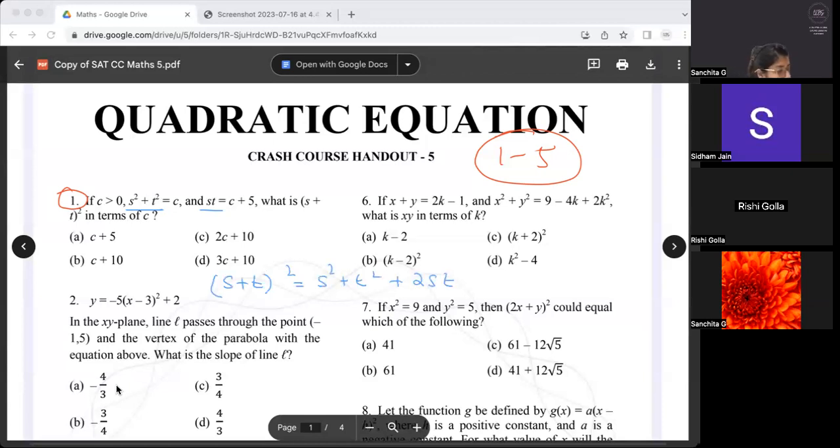I need to find (s plus t) whole square, and they have provided me s square plus t square, that's c, and st, which is c plus 5. Actually, it's 2st I have, so I have to multiply by 2, which gives 2c plus 10. So my final answer is c plus 2c plus 10, which gives me 3c plus 10. That is my final answer: option D, 3c plus 10.